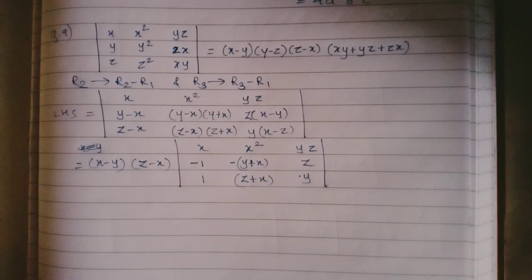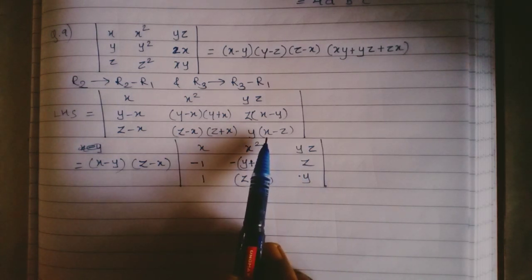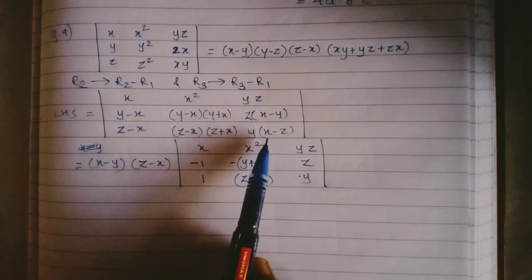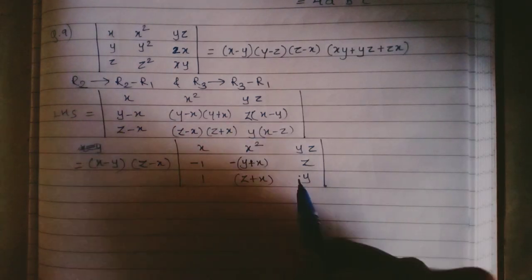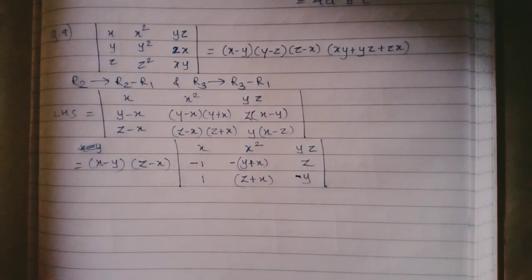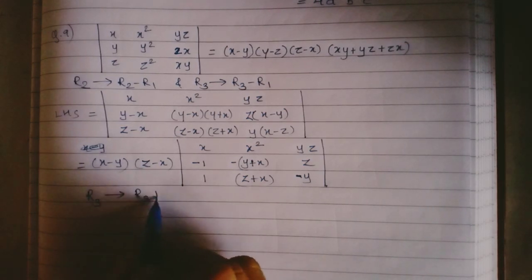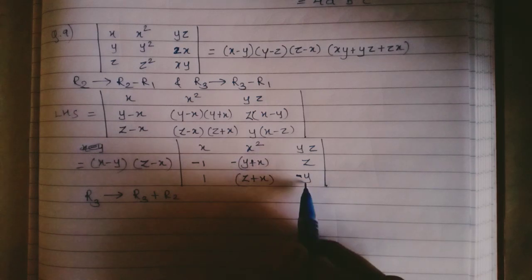So you can take R3, this we are removing z minus x, so this will be minus. So you can take here we want y minus z, right? So R3 we can change it to R3 plus R2, so you'll get z minus y.